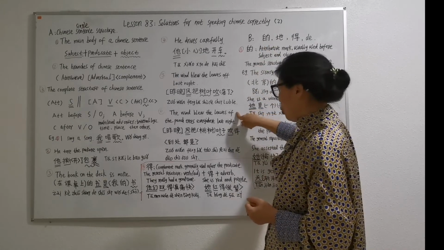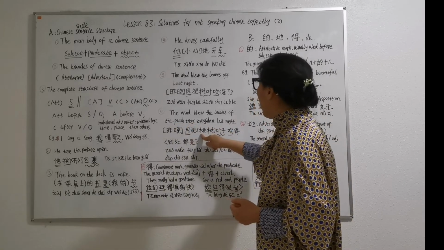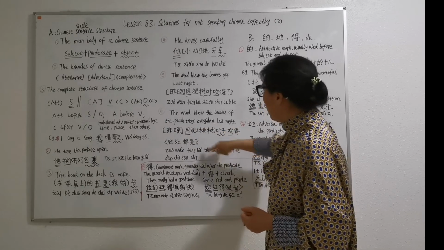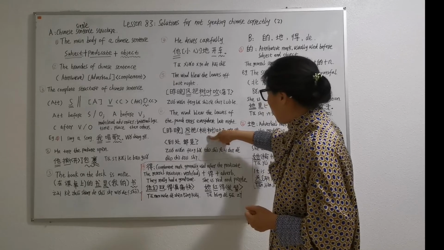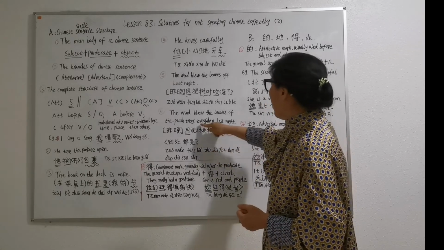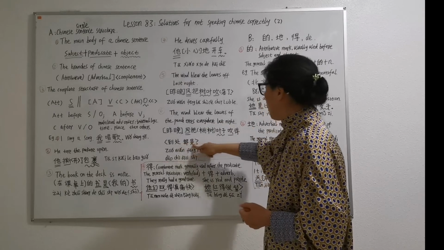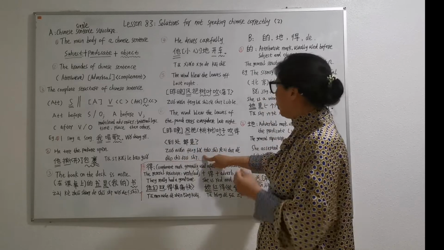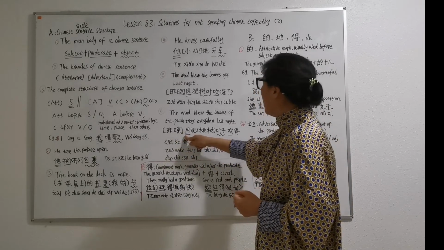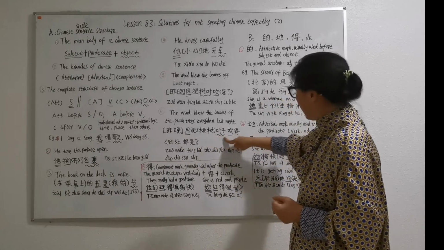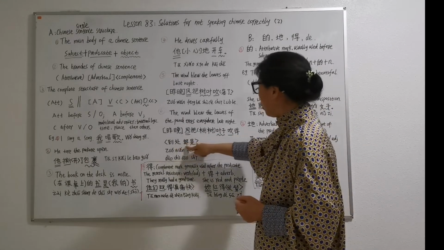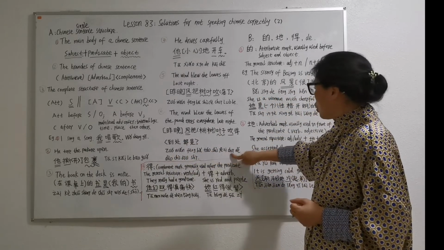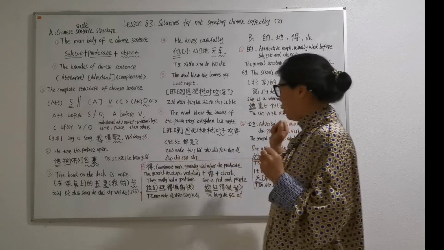But here we omit the peach trees 桃树, everywhere 到处都是. So we say 昨晚风把桃树叶子吹得到处都是. The same.